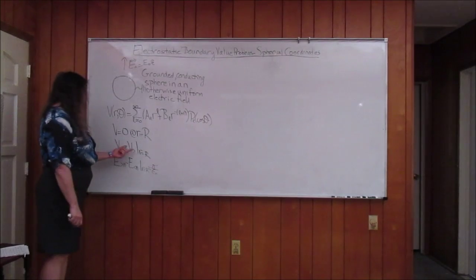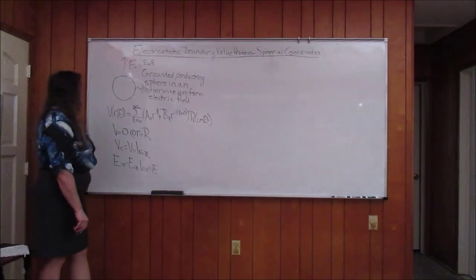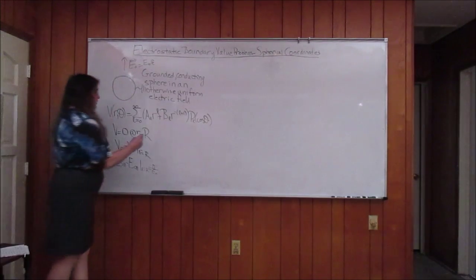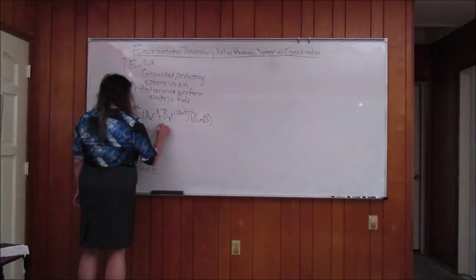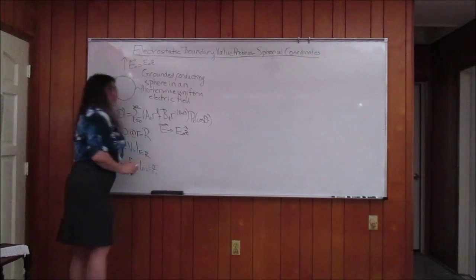Well, I've got continuity. I know that it's equal to 0 at the radius of the sphere, but what other condition do we have? Well, you're told that the electric field is otherwise uniform.